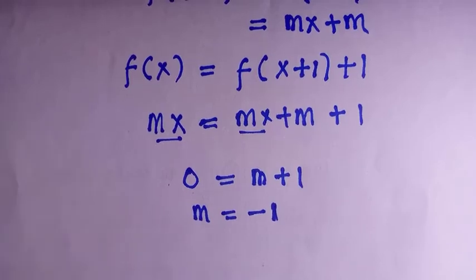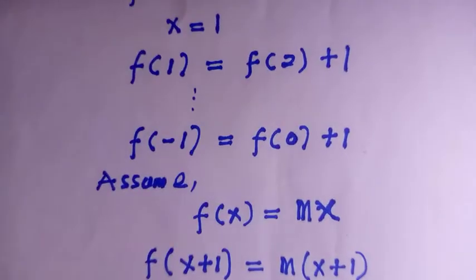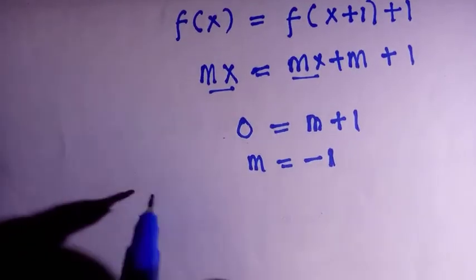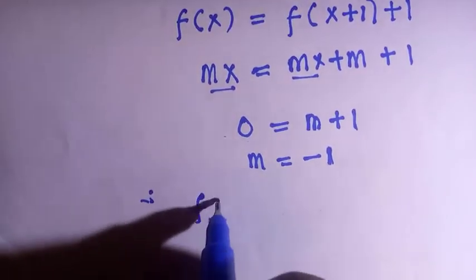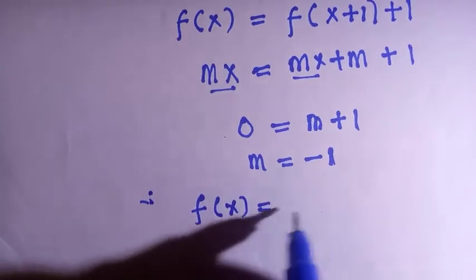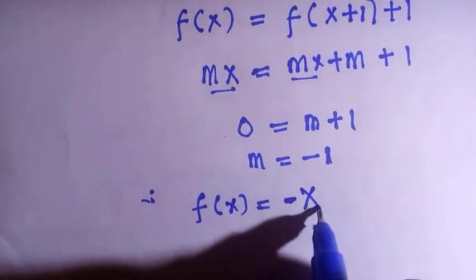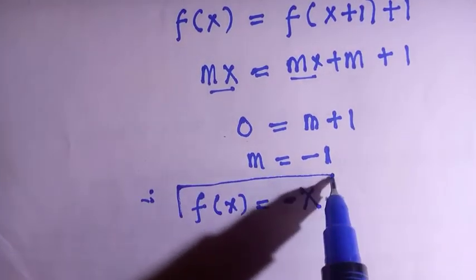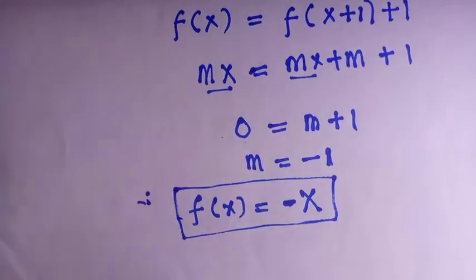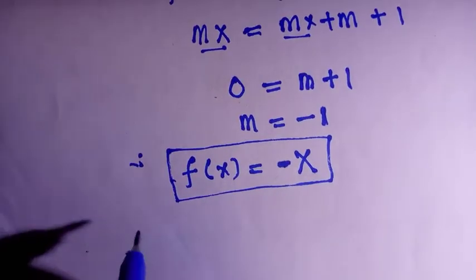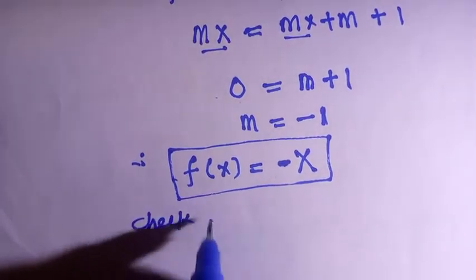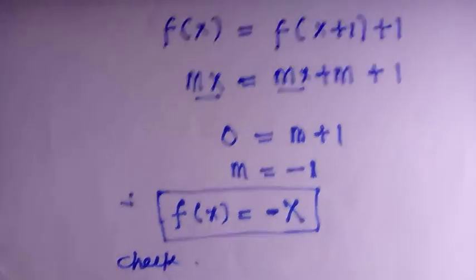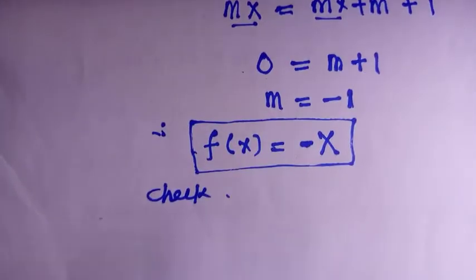So if m equals negative 1, you must have guessed by now that the function we are looking for, which is f of x, is equivalent to minus x. But can we conclude that this function that we just got is the real result we are looking for? Okay, we can guess, but let's verify if this is going to be equal.